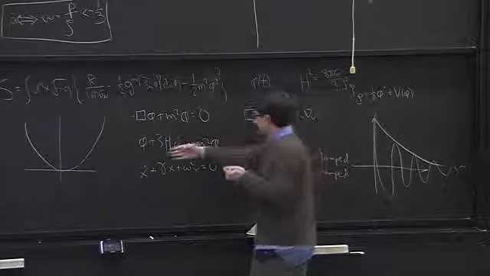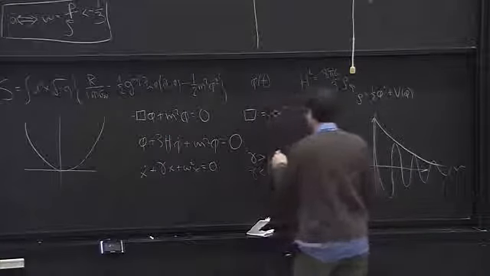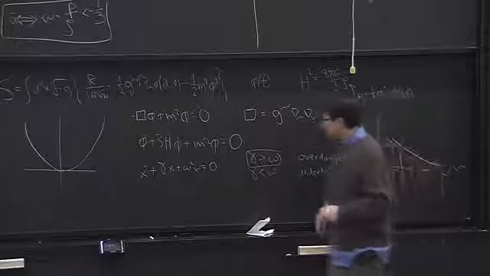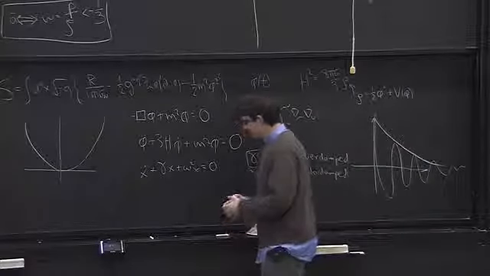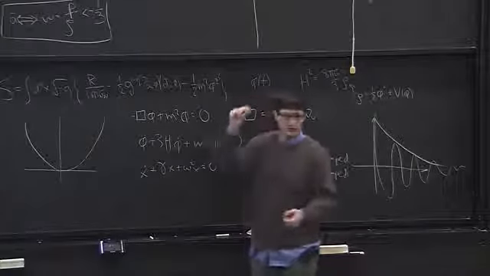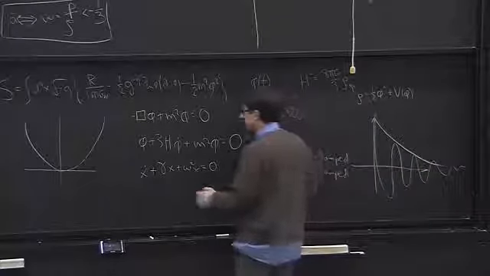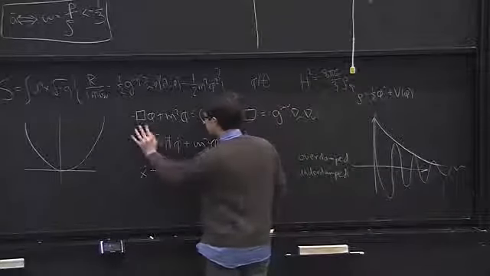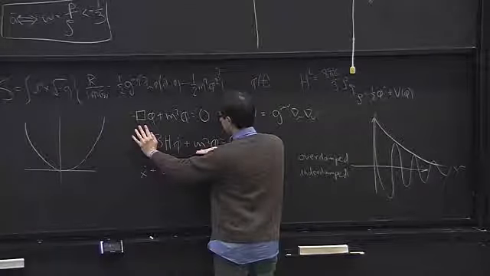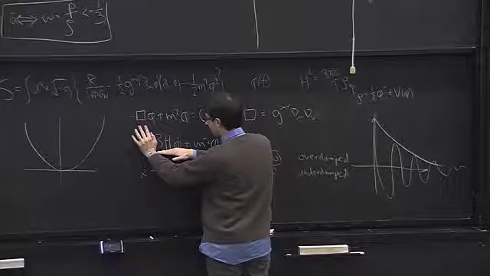Now H will be dropping as the universe expands. So at early times, when H is big enough, we'll be in this overdamped regime, and the field will just be gradually oozing down its potential. That's the regime in which, like if you jump out of an airplane, you hit your terminal velocity. You accelerate until the force of gravity pulling you down is equal to the frictional force pushing you up.